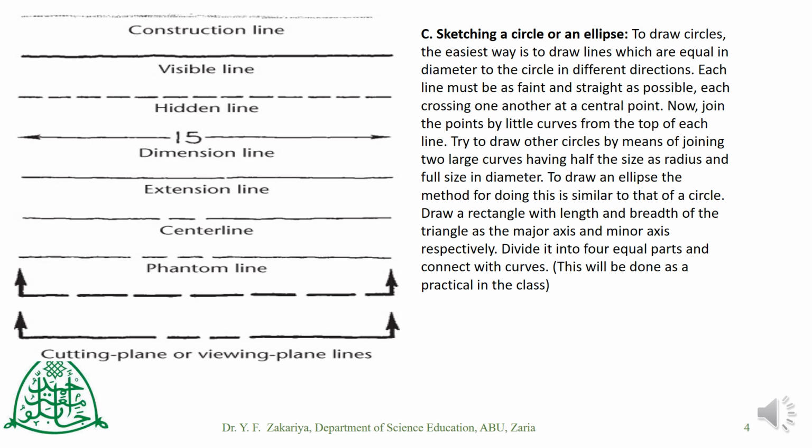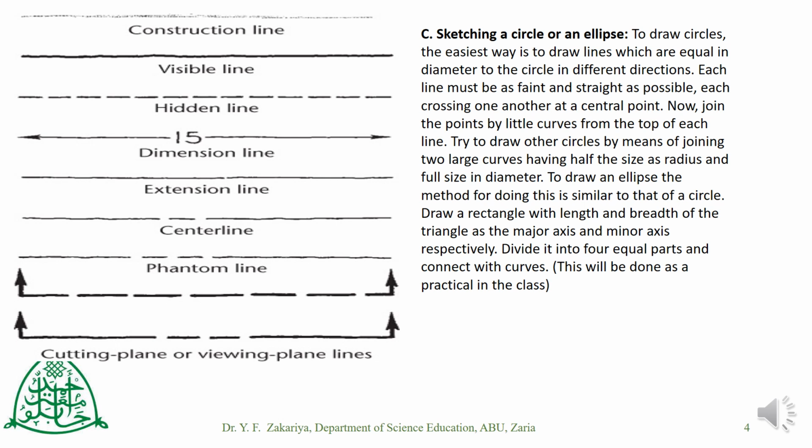Each line must be as faint and straight as possible, each crossing one another at a central point. Now, join the points by little curves from the top of each line. To draw other circles, join two large curves, having half the size as radius and full size as diameter.